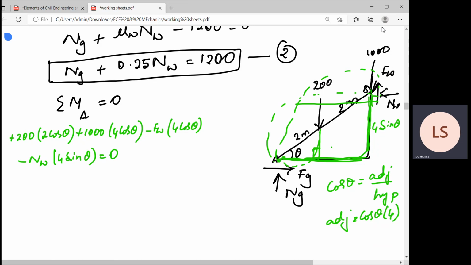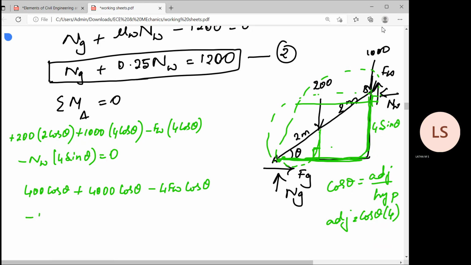So if I simplify it once again, I can get 400 cos theta plus 4000 cos theta minus 4 Fw cos theta, correct?